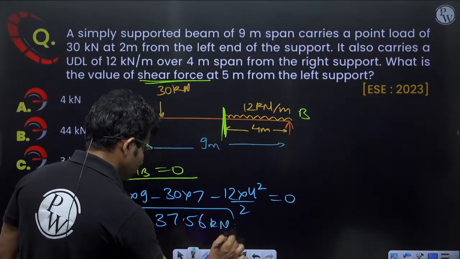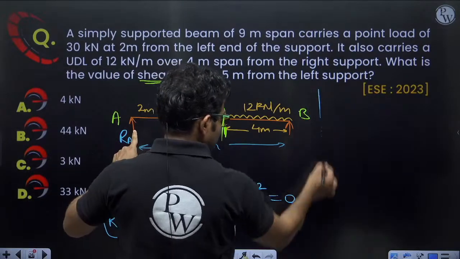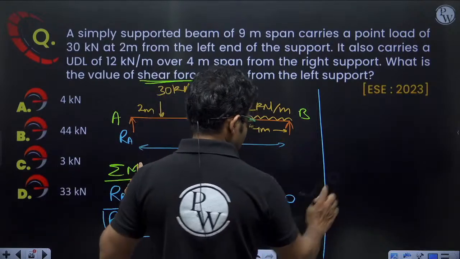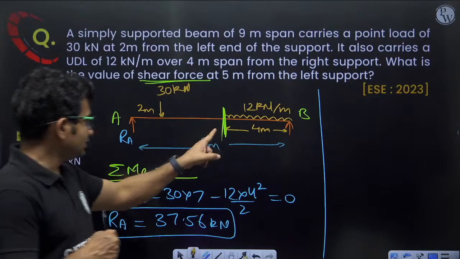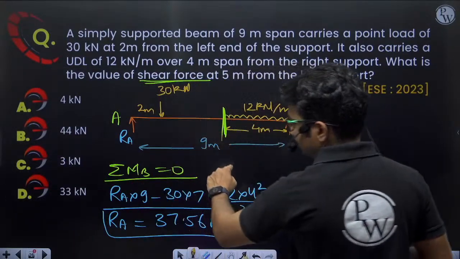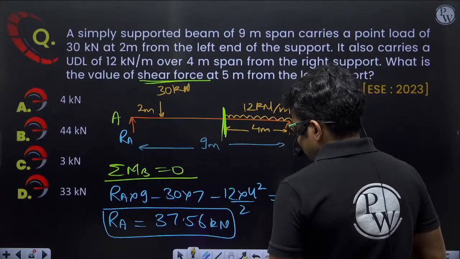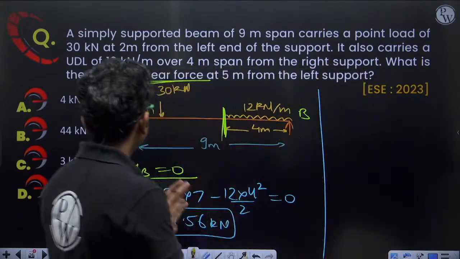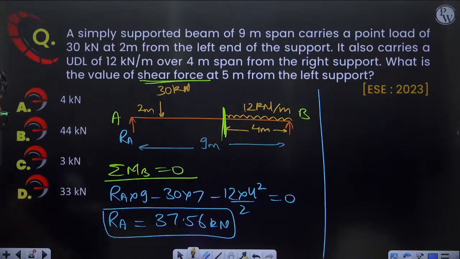Okay, so this is support reaction at RA. Now I have to calculate shear force here. So 37.56 minus 30. Something is wrong with the 2023 questions. Okay, no, they are not properly checked.